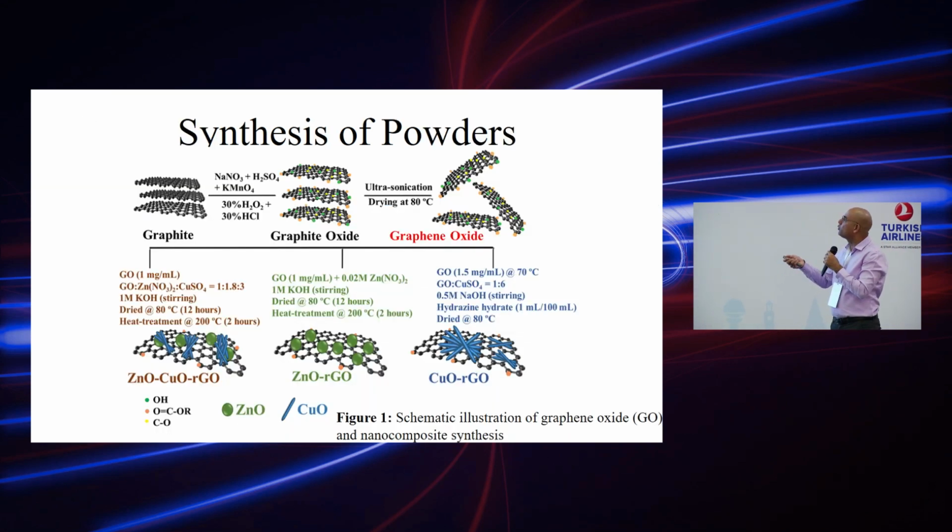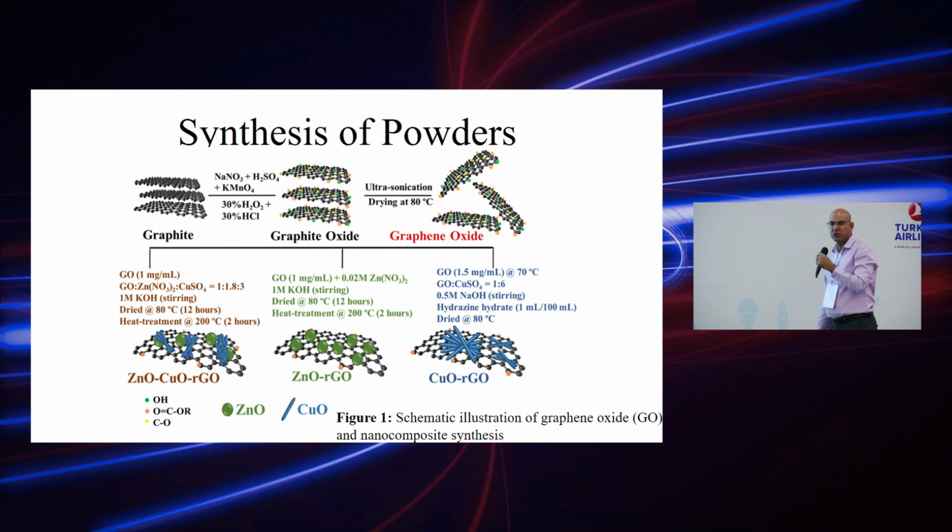So here is the synthesis of powders. On the top row, you see that we have taken graphite and converted it into graphite oxide, and then graphene oxide, by the very well-known improved Hummers' method. Once we have that, we have added copper oxide onto that reduced graphene oxide. So this is one type of nanocomposite we made. These copper oxides are in the form of rods.